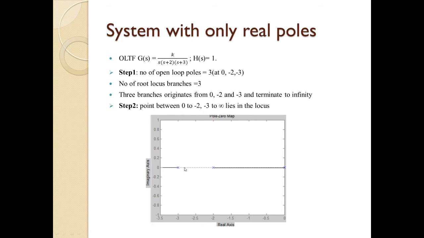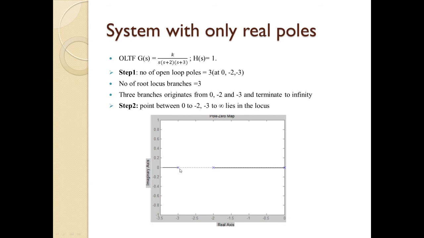Now, for any test point between 0 and -2, the total number of poles and zeros to the right of the test point is 1, which is an odd number. So, all the points between 0 and -2 will lie on the locus.